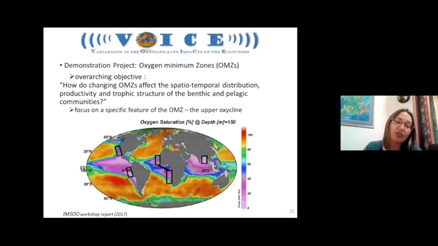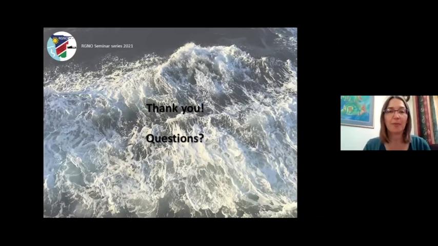And also linked to this, a separate group where I didn't put in a slide is the GO2NE group, the Global Ocean Oxygen Network, where they are also looking at declining oxygen levels worldwide, and there have been some publications and a new one, Pitcher et al., which will come out soon. So that is it.